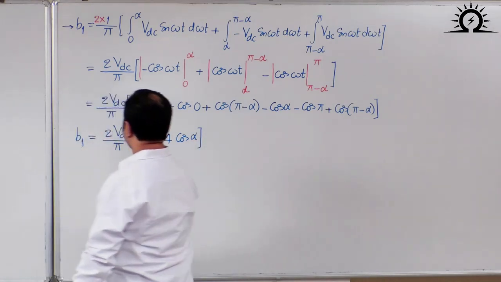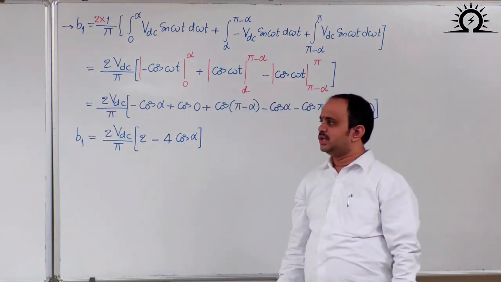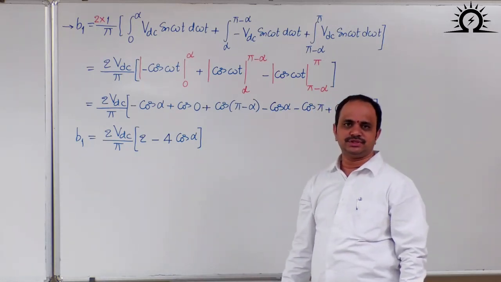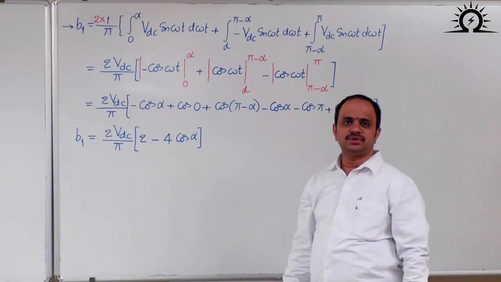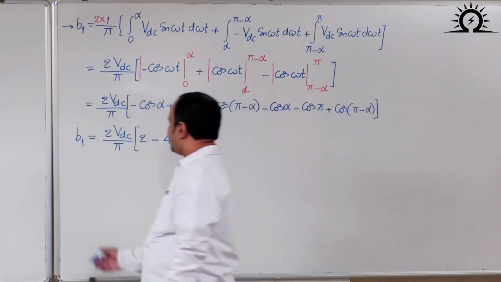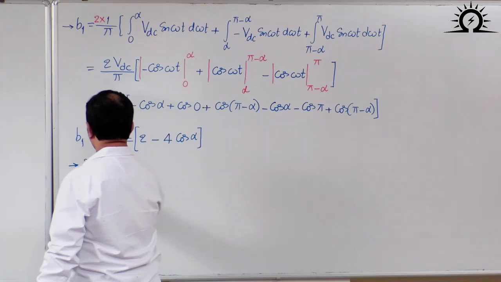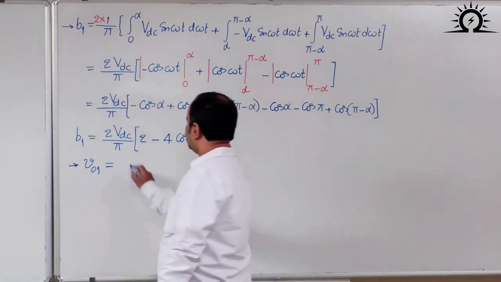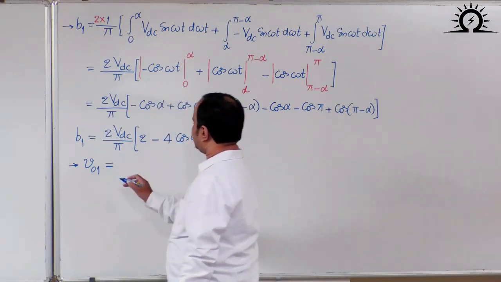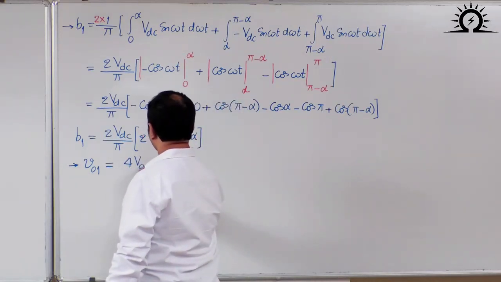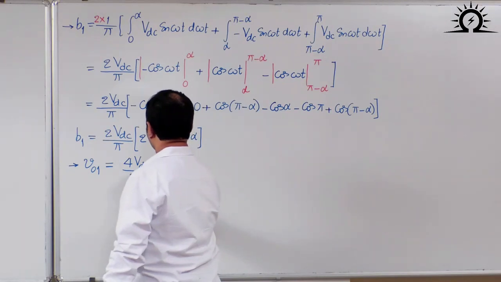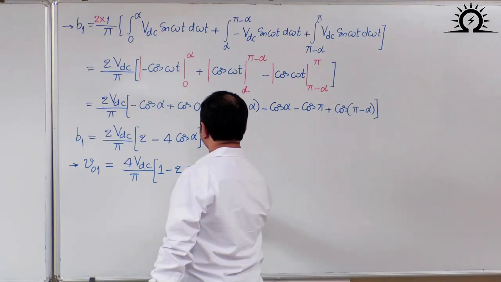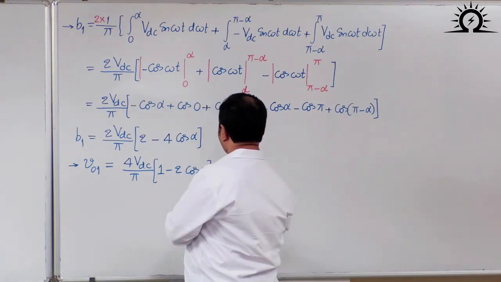This is the B1 coefficient. From the previous calculations, A0 by 2 was 0 and A1 is also 0. Therefore, the fundamental component can be expressed like this. If I take 2 common here, we will have 4 VDC by pi into 1 minus 2 cos alpha.